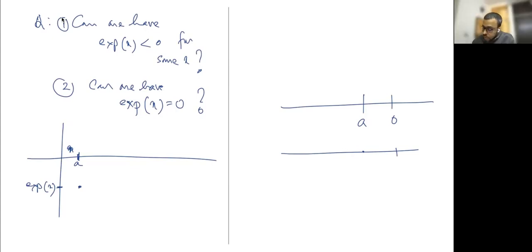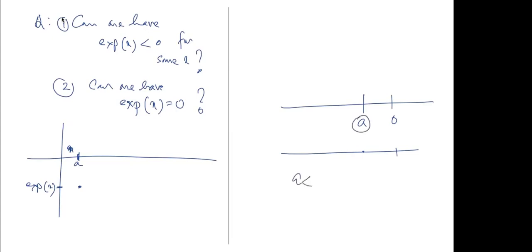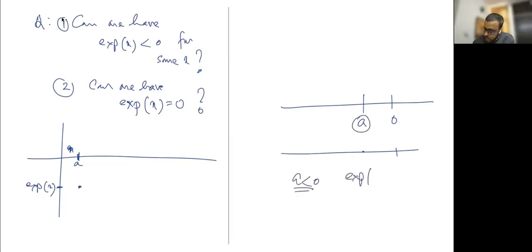If a is negative, then minus a is positive, so exponential of minus a is something positive.